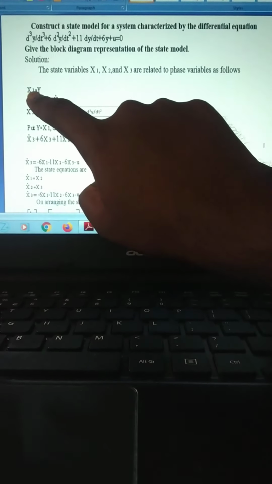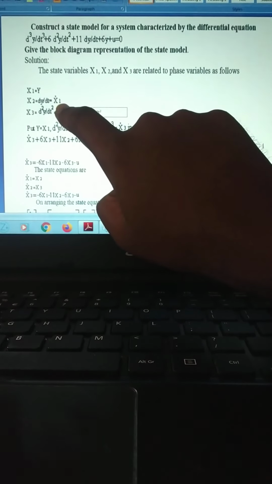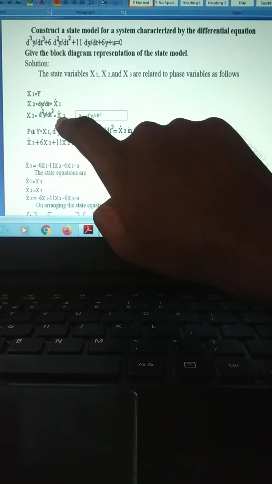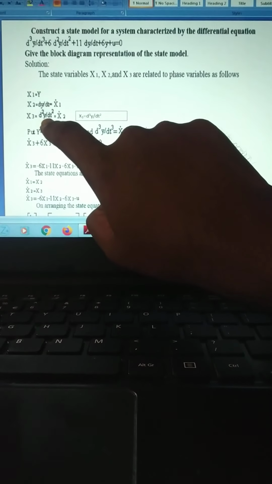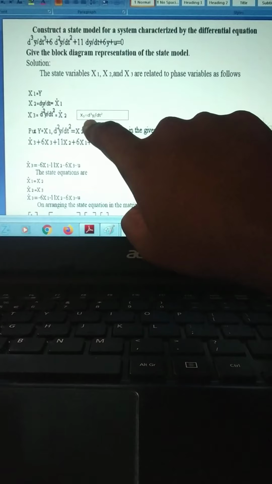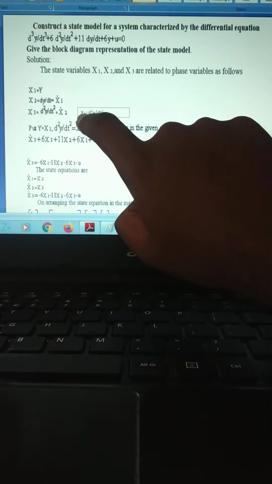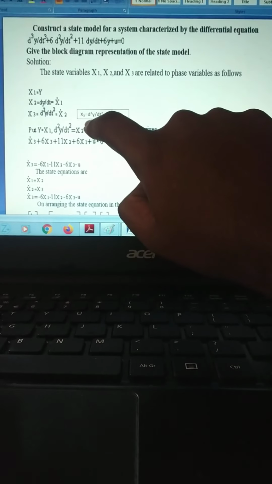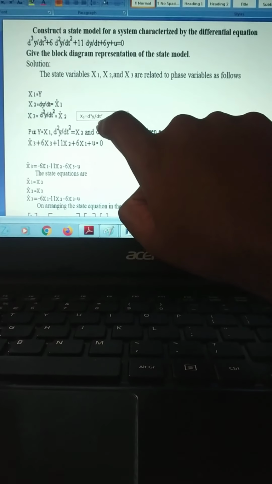Same thing, x3 bar is equal to d cube y by dt cube.